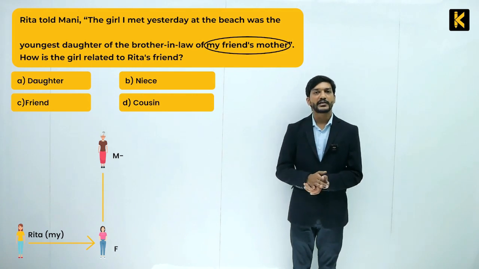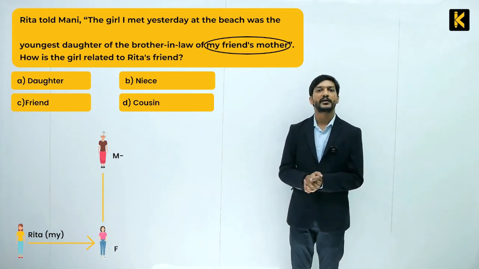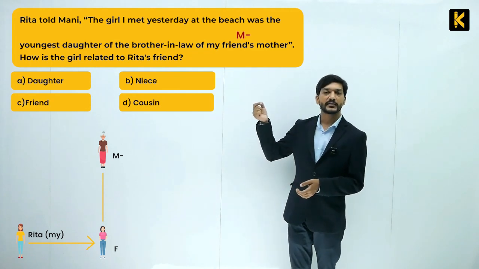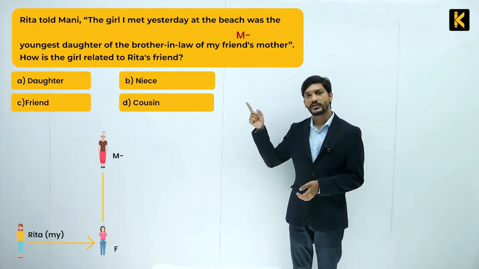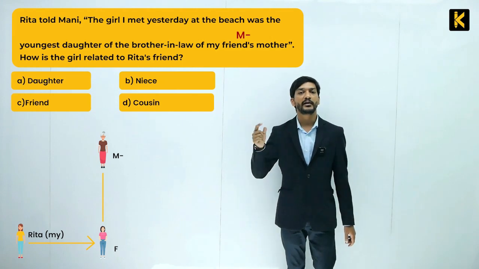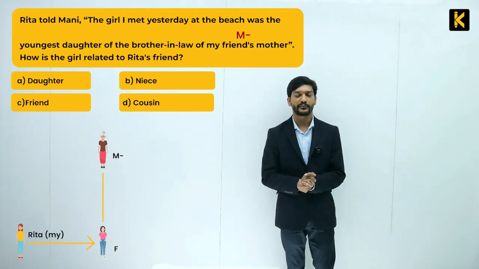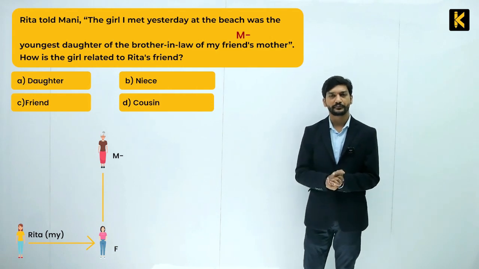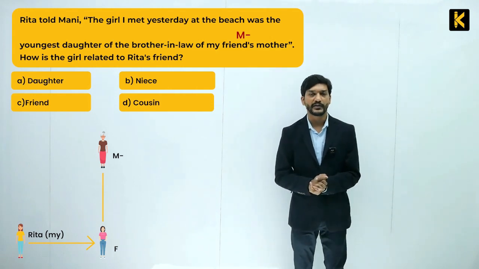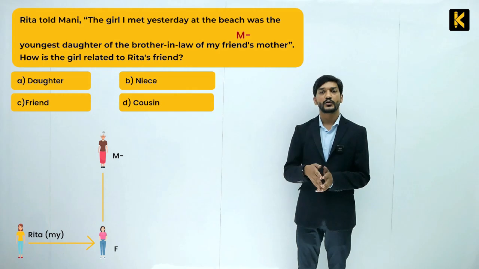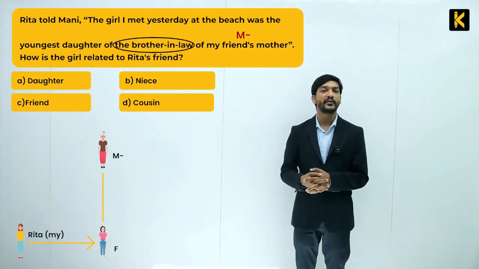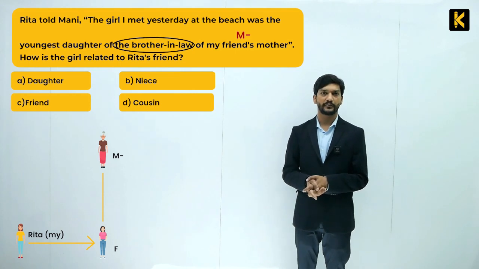Now next. In the statement as well, let me show this: my friend's mother is represented by M minus. Okay, I have shown it. Now go back to the statement, please. What is next? Now I have to draw the brother-in-law of my friend's mother.